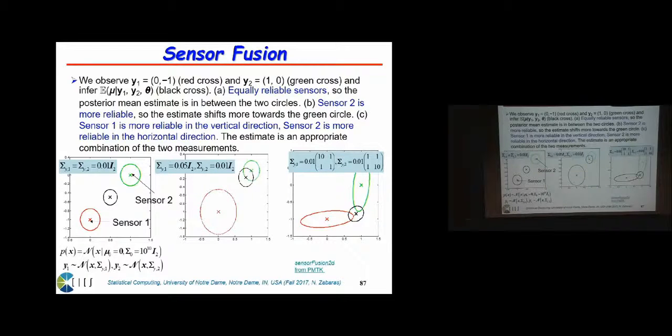Right? So each sensor measures a location, that mean. So the uncertainty is higher in the x direction, smaller in the y direction. The other sensor, the uncertainty in x is small, the uncertainty in y is huge. So when you combine the two sensors together, the posterior basically comes to be this, okay?